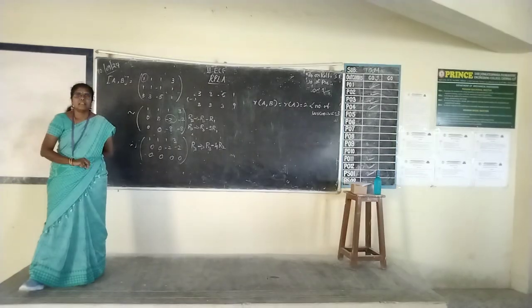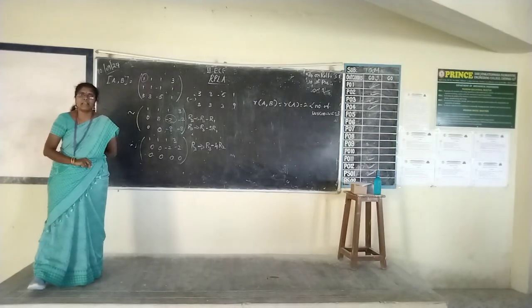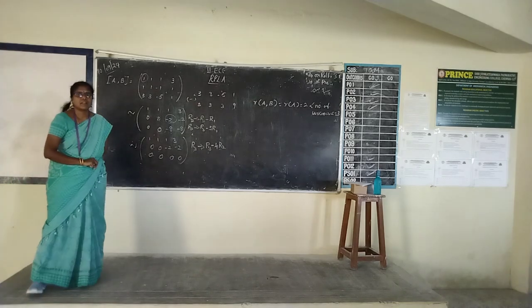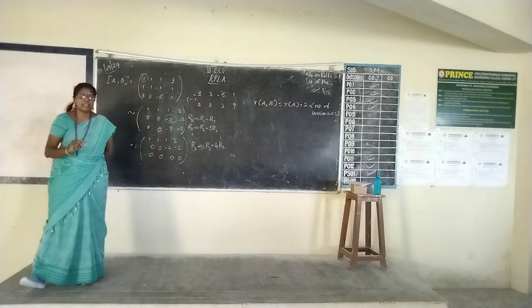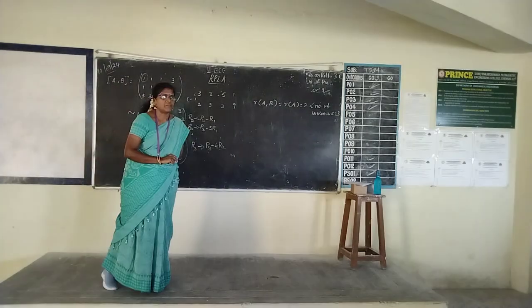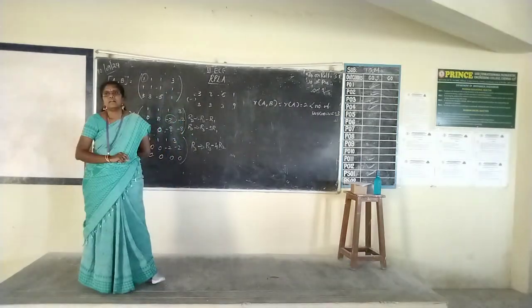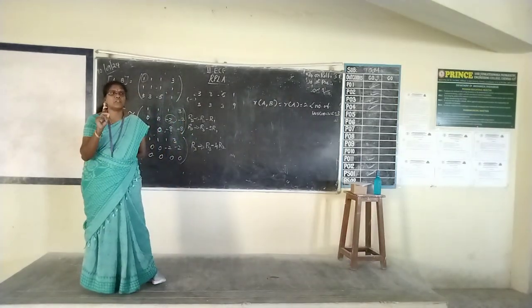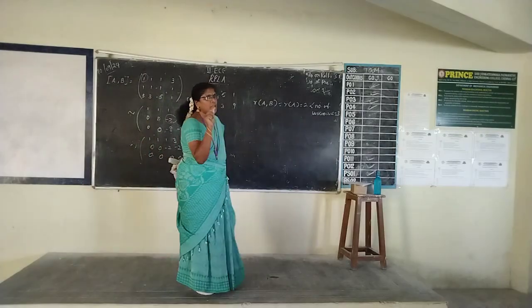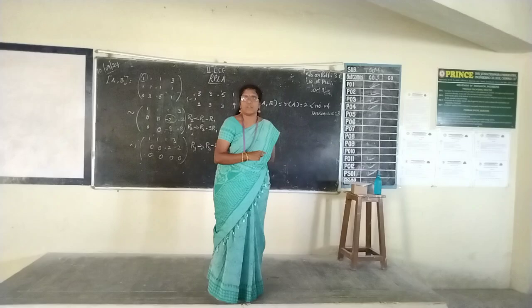Hence, the system is consistent and has an infinite number of solutions. This concept we also discussed in eigenvalue and eigenvector. When you find eigenvalue and eigenvector, we have discussed many types of solutions.